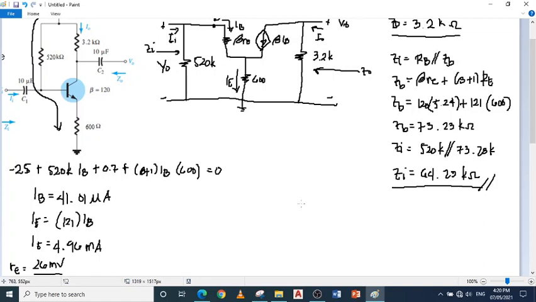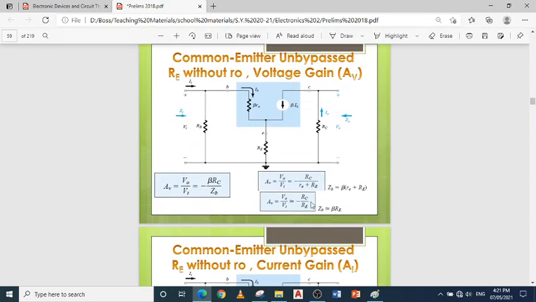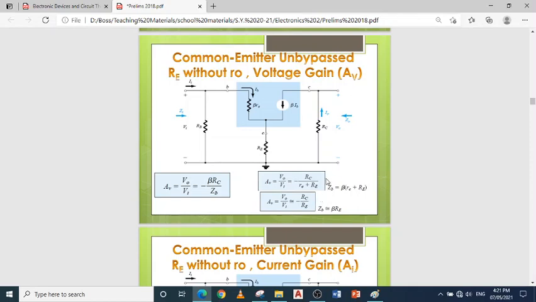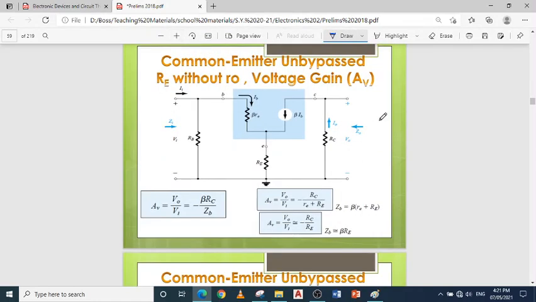And for AV, okay, AV natin is equal to what? AV is negative RC divided by re plus RE na malaki. So, tama ba yan? Let's check. Okay, ito yung AV natin.